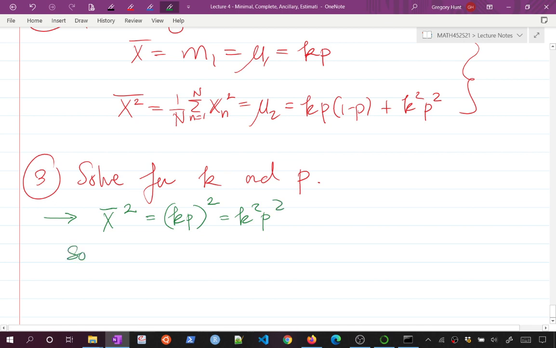So if I take x squared bar, the average of the squares, and I subtract off x bar squared, x squared bar is kp times 1 minus p plus k squared p squared, minus k squared p squared, so I should be left with kp times 1 minus p.